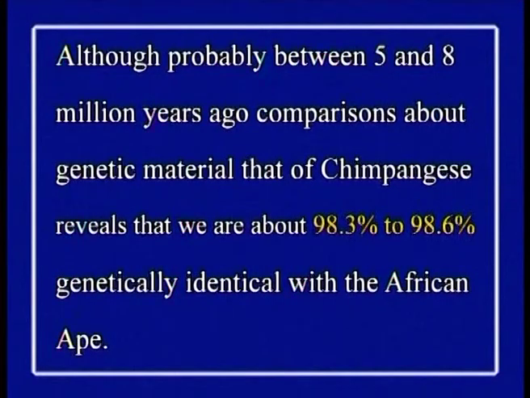Comparisons of our genetic material with that of chimpanzees reveal that we are about 98.3% to 98.6% genetically identical with the African ape. It has also been estimated that only about 50 genes separate them from us.